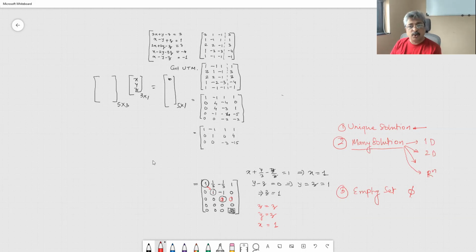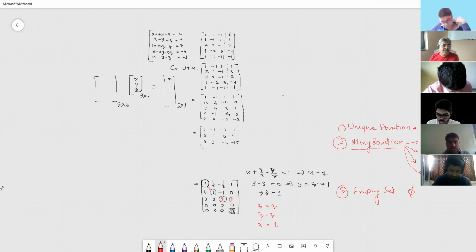Okay, so up to this point, I hope it is clear what a matrix is, what a linear transformation is, what we mean by the matrix, and what that matrix is telling us.